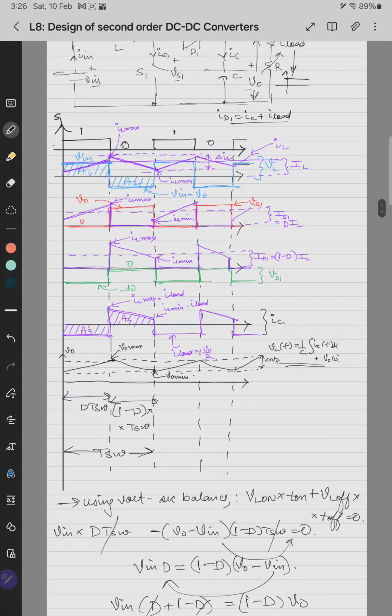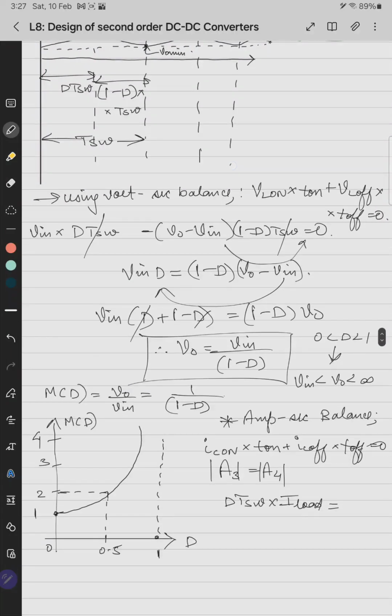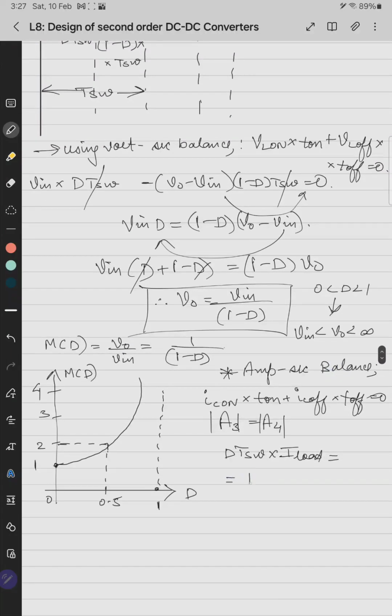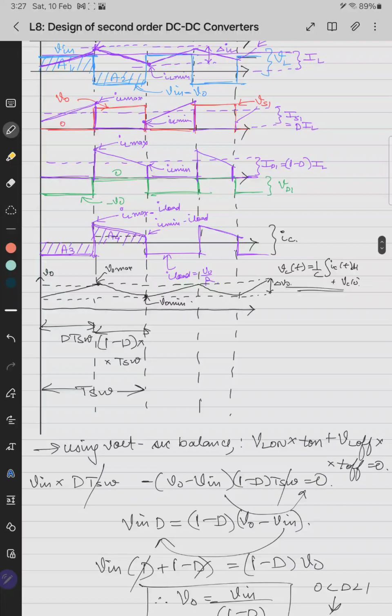How can we write A4? A4 is like this: a rectangle plus a triangle. So it will be half into 1 minus d into t switching, half into base into height. First we'll find the height. What is this height? IL max minus IL minimum, this thing.